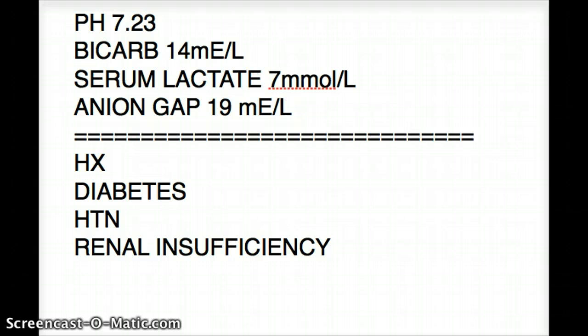Let me do a quick review of physiology and biochemistry. Where does lactate come from? Lactate comes from pyruvate. It's one of the 5 pathways pyruvate can go to. What are the other 4? Alanine. The second one is lactate.